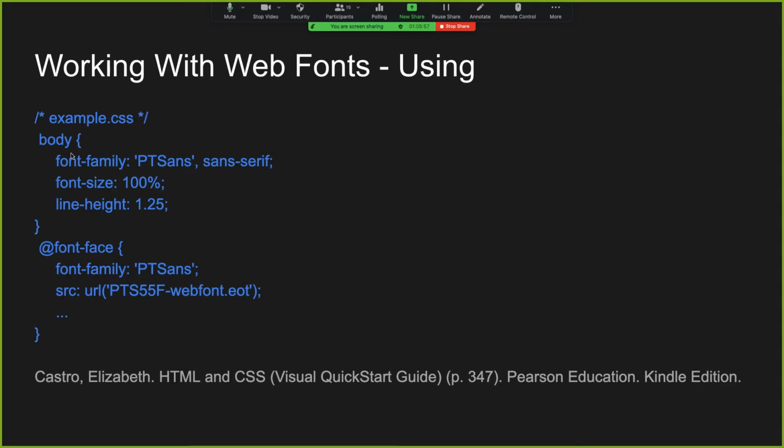So in this example, the web font face font family name has been specified as PT Sans. You can see that the source specifies a URL of PTSans web font EOT, right?